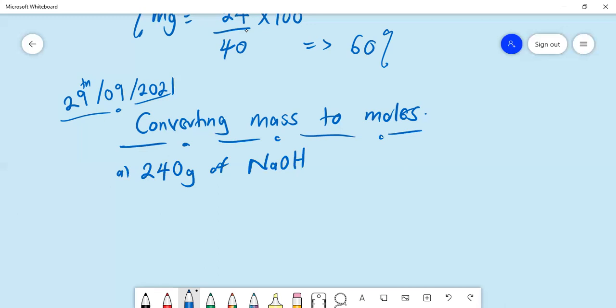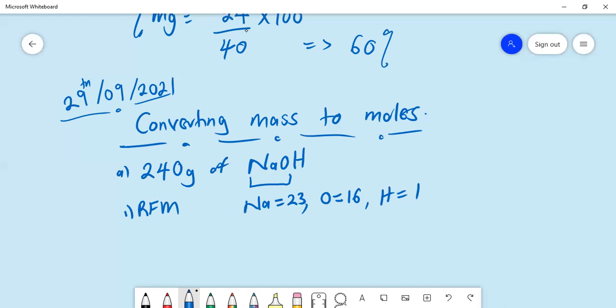Since this is a compound, the first thing we look for is the relative formula mass. That is step one. We know that sodium has a mass of 23, oxygen has a mass of 16, and hydrogen has a mass of 1.